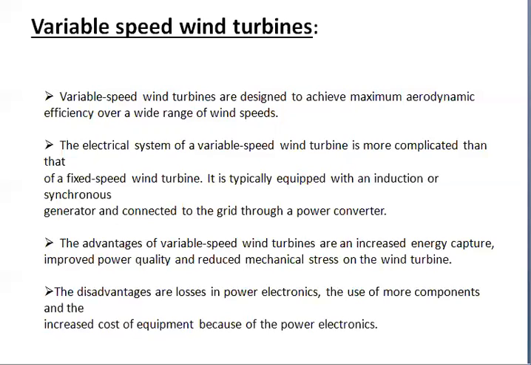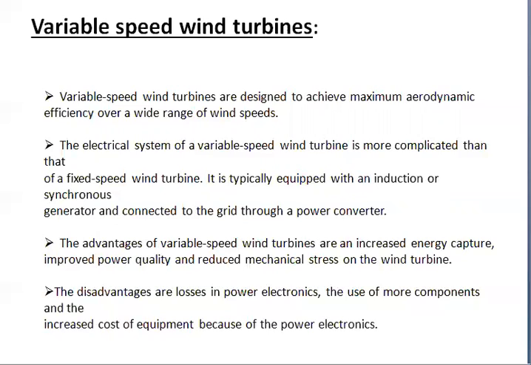That means if omega is the rotational speed of the wind turbine, we can adapt it to the wind speed v. In this way the tip speed ratio is kept constant at a predefined value that corresponds to the maximum power coefficient. So we can achieve the maximum power coefficient here.